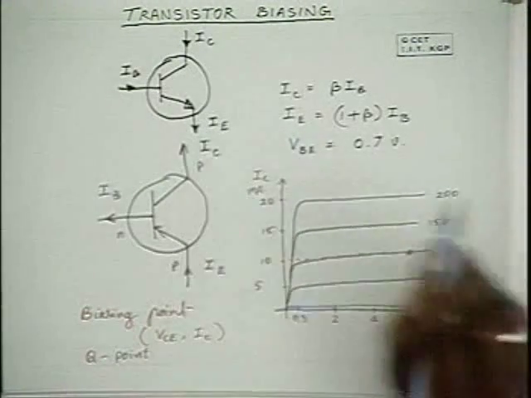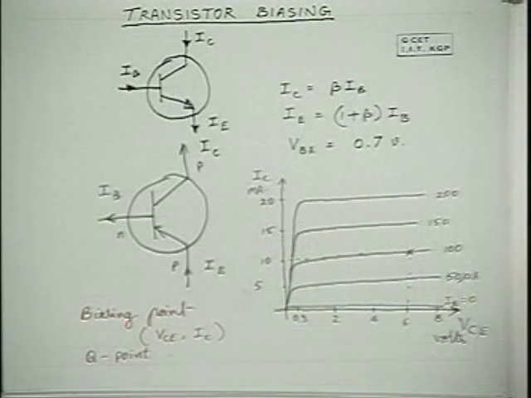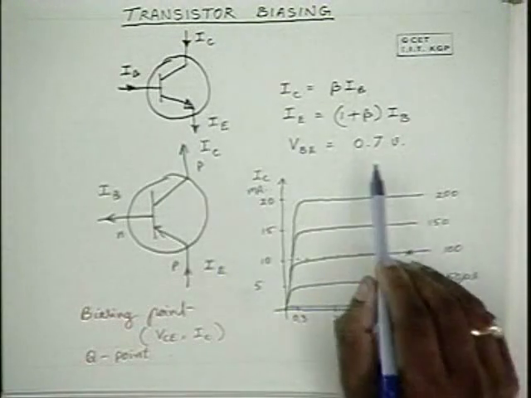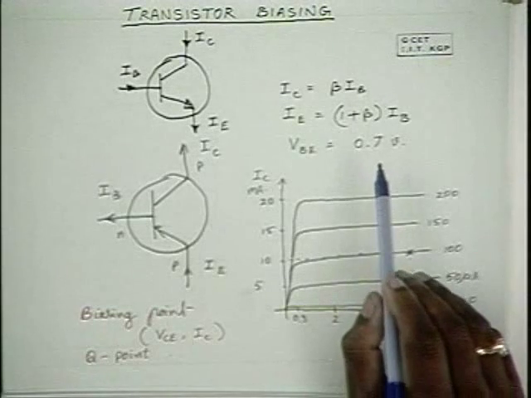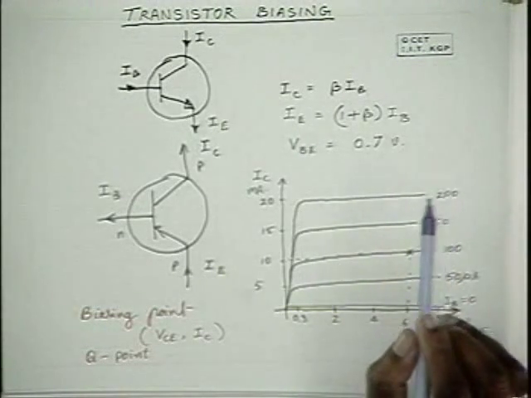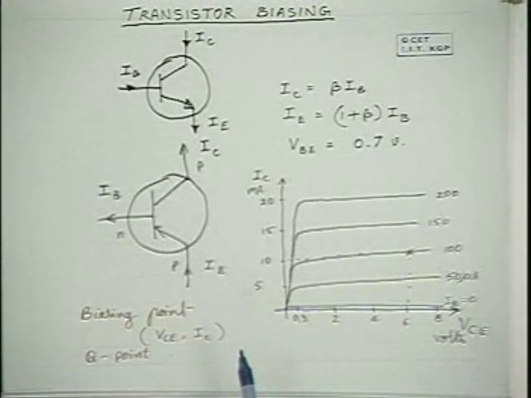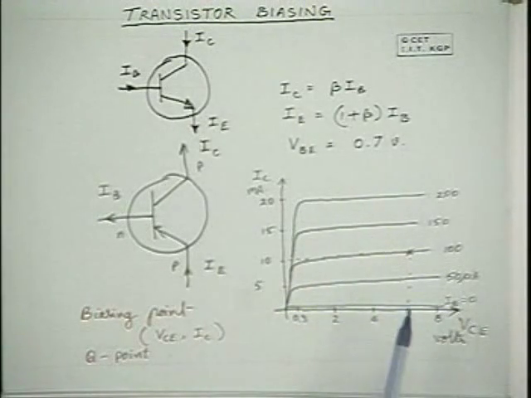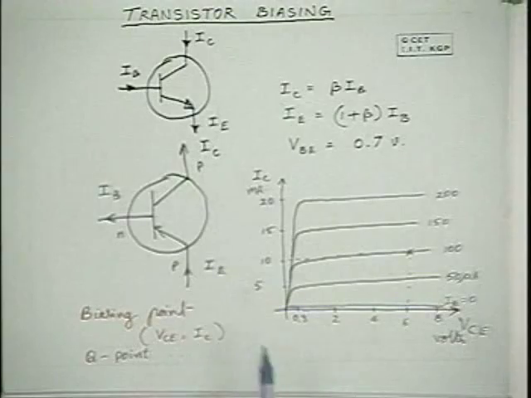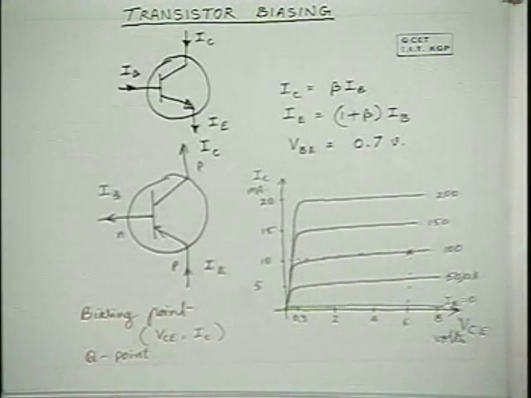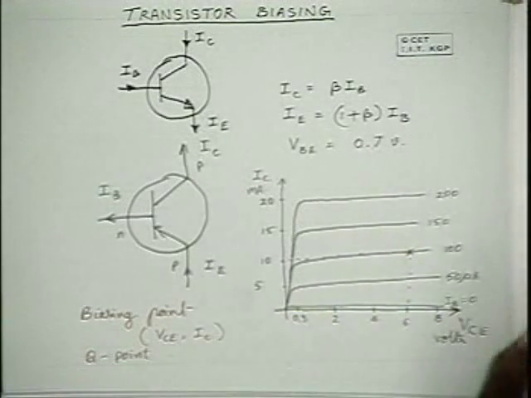That means the base to emitter junction is forward biased, and obviously the voltage difference is of the order of 0.7 volts. Since this is obvious, it is not necessary that this be specified. Once it is in the active region, which is indicated by VCE and IC itself, that is good enough to state that the transistor is in the active region, with this voltage and this current. And other information like VBE and IB are derivatives of this.